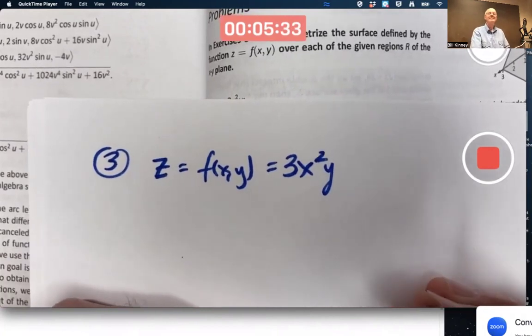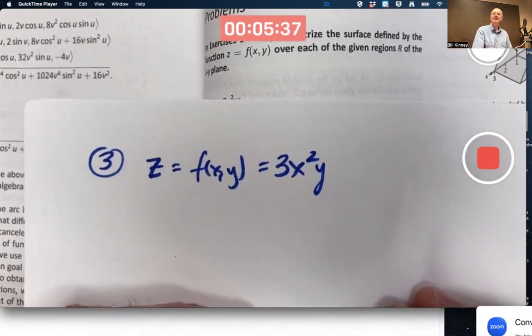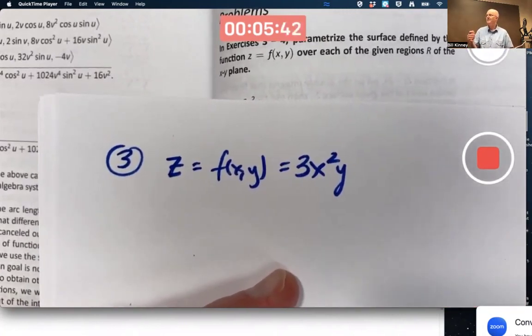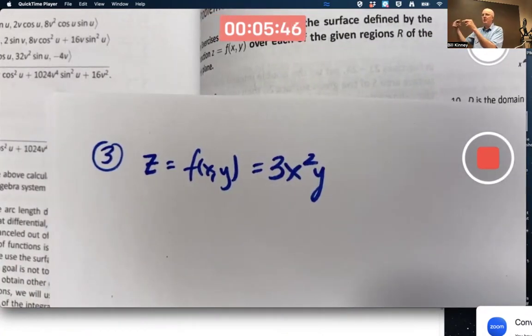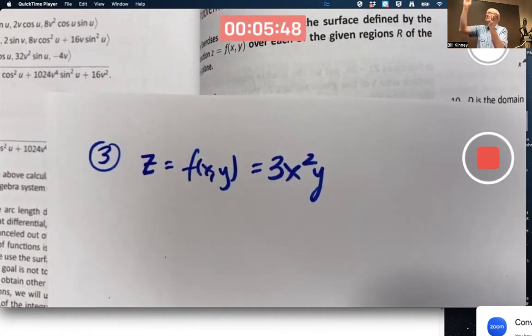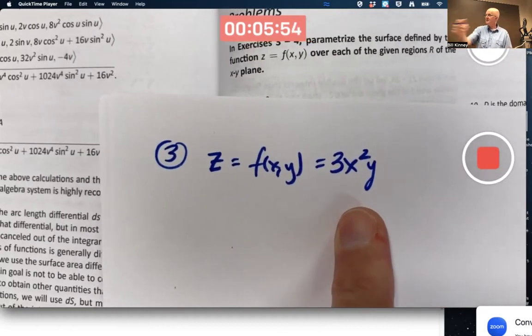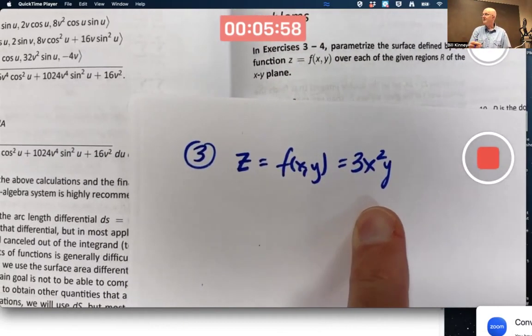I probably dare not draw it, but just looking at the equation, I could say, for any fixed Y, imagine an x-axis coming towards you, a y-axis going this way, and a z-axis going this way. For any fixed Y along a plane like this, the graph is going to be a parabola because it's 3x squared times a constant.